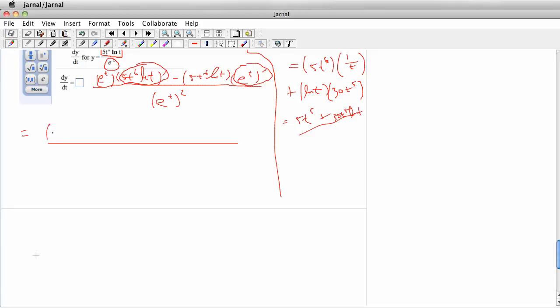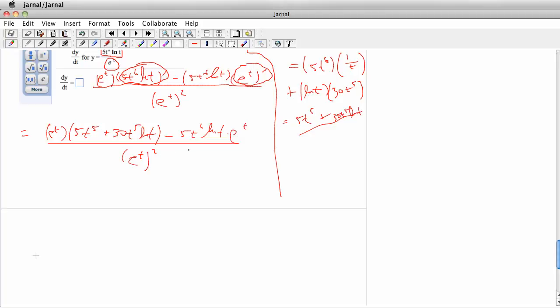So I have my e to the t times the answer that I got for the derivative of 5t to the 6th log t, which was 5t to the 5th plus 30t to the 5th log of t, minus, now I have all this part, 5t to the 6th log t times the derivative of e to the t, which is just e to the t. And that's going to be divided by e to the t squared.